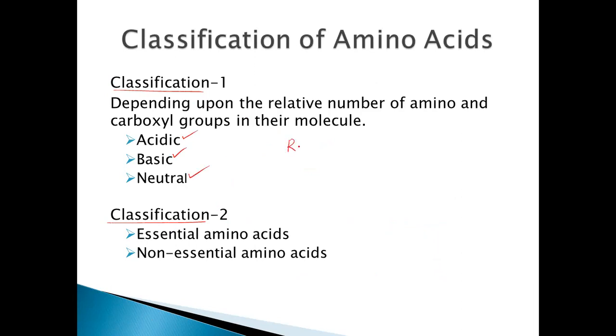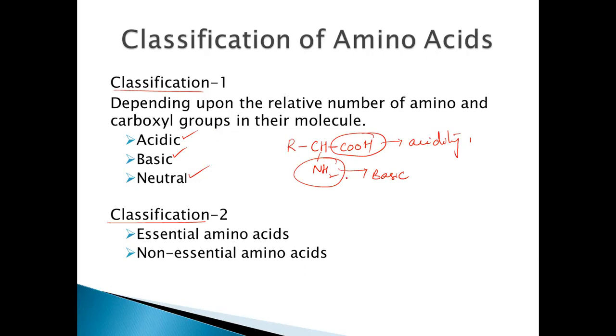This is the general formula of an amino acid. The amino group is responsible for the basic character, and the carboxylic acid group is responsible for the acidity of the compound. If there are more COOH groups than amino groups, then it is acidic in nature.